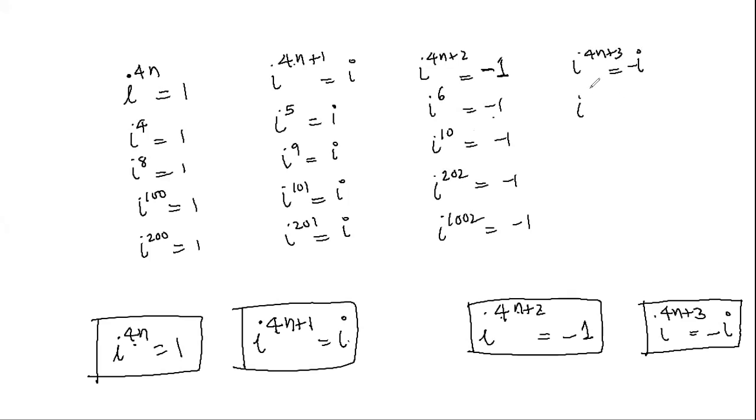For example, i raised to 7, i raised to 15, i raised to 203. All of them will be minus i. This is a multiple of 4 plus 1 more, plus 2 more, plus 3 more. Have all of you understood?